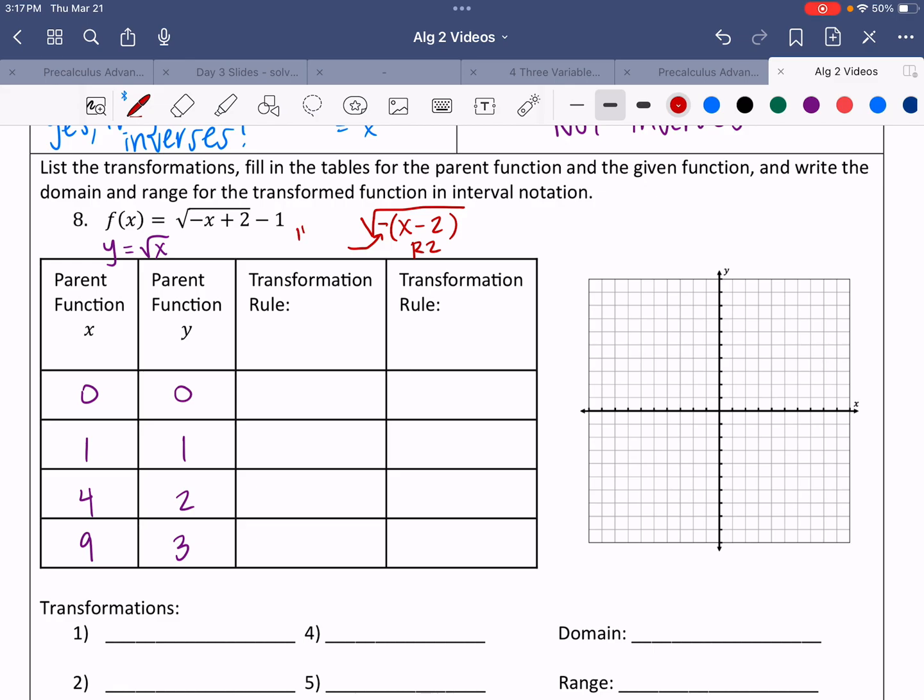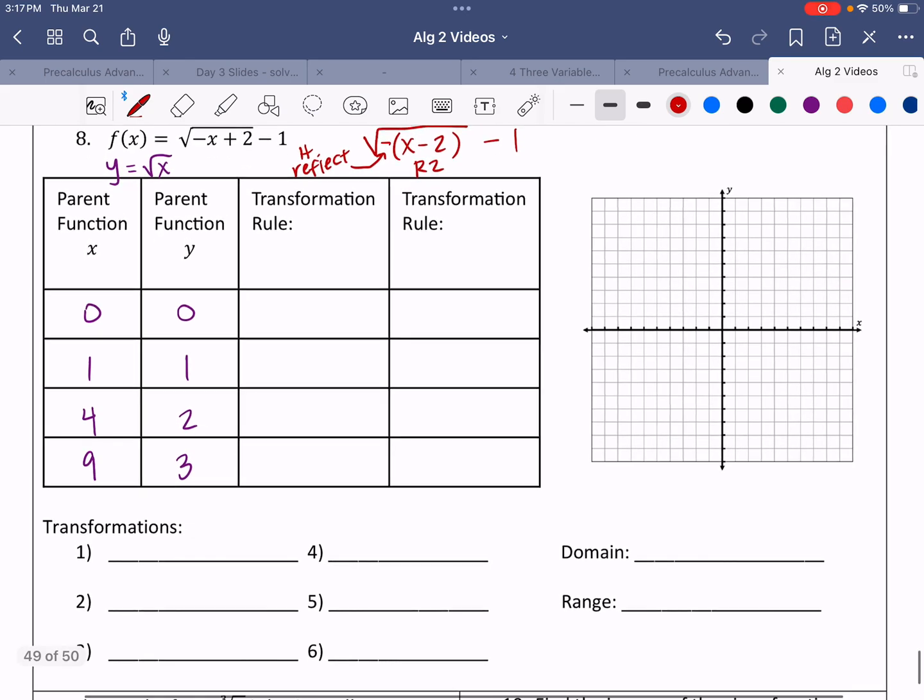Here I have a horizontal reflection, and then minus 1 at the end. So my transformations are a horizontal reflection, or you can say reflect over the y-axis. Right 2, both of those are going to affect my x's, and then down 1 will affect my y.